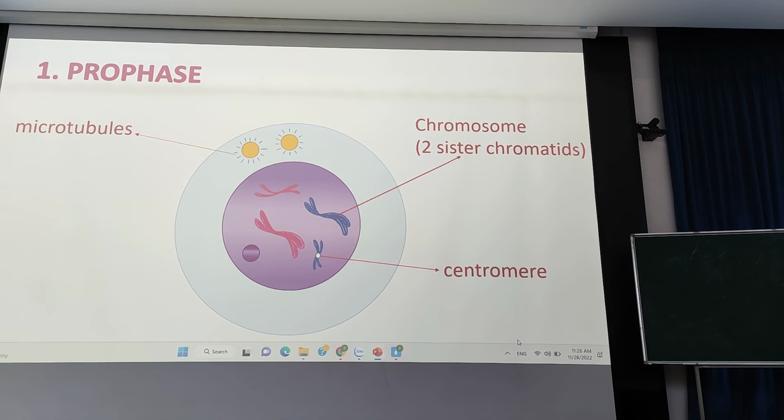Okay, so what are the structures like the suns? The circle is the centrosome, and the microtubules appear from the centrosome, and because it's the beginning, the leaves are short.